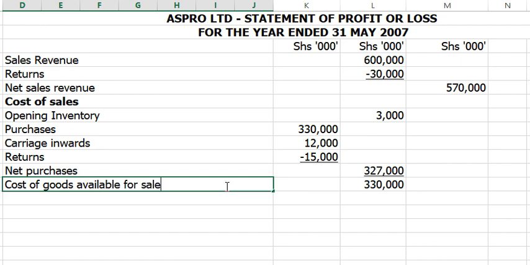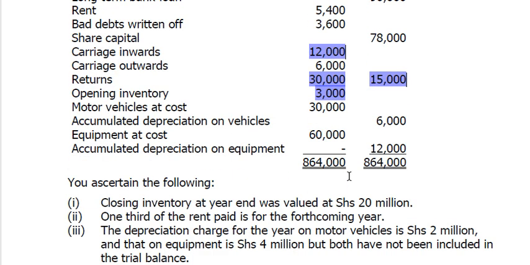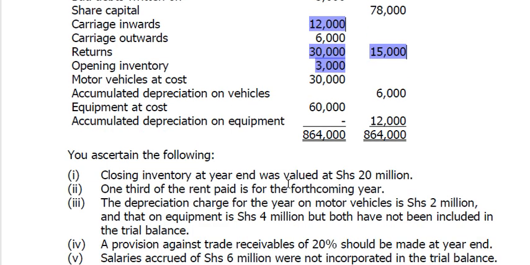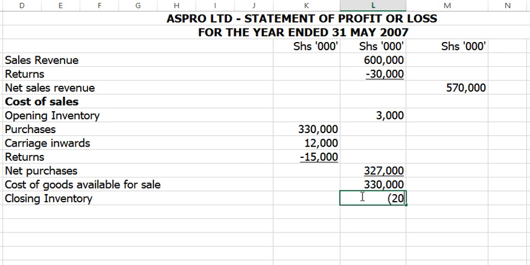So it's all about knowing the format of coming up with the income statement. So cost of goods available for sale, then we have to less our closing inventory. Closing inventory, you'll find that always in the additional information because it's an end of year adjustment. Closing inventory at the year end was valued at 20,000. So it's a minus.